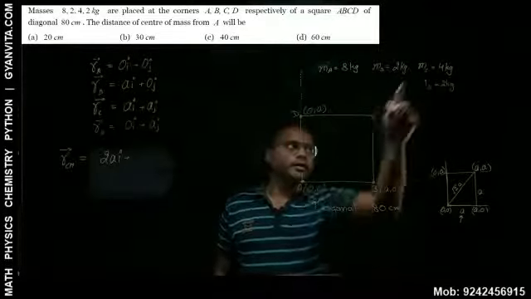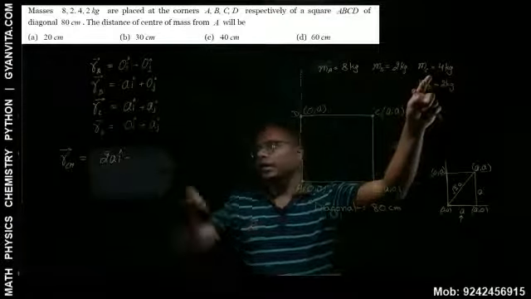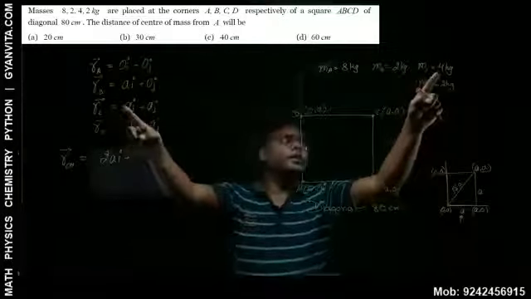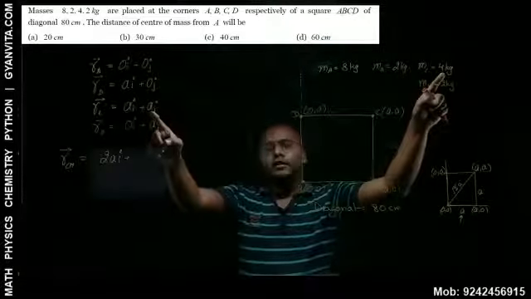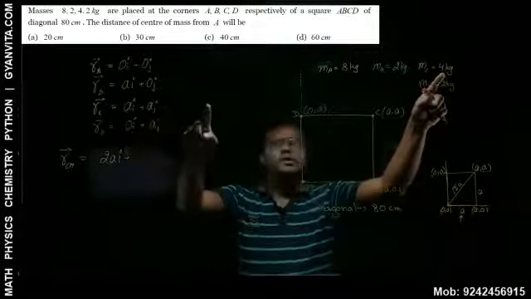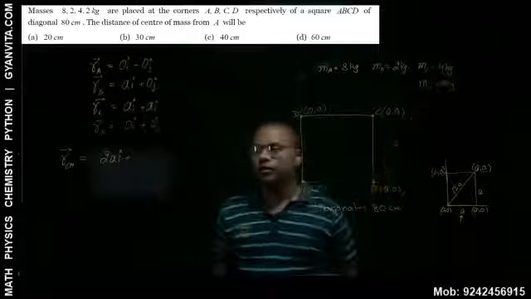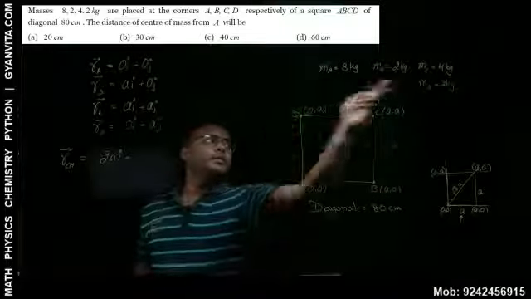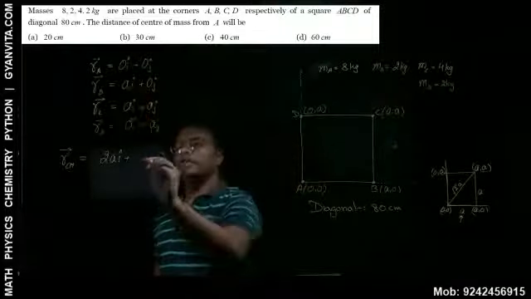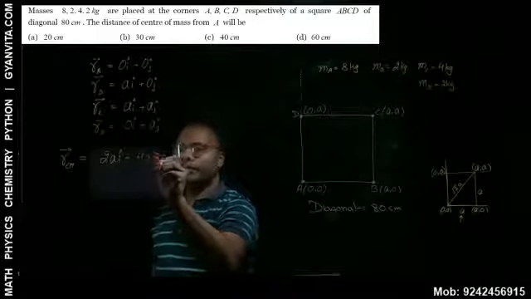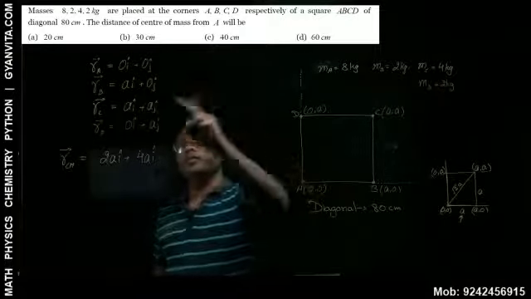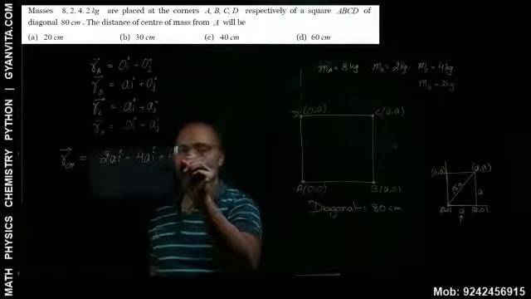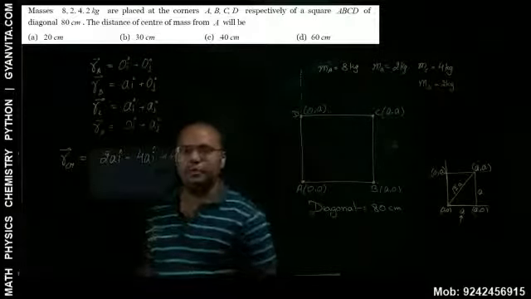Clear? Next you have mass of C, and here position of C. You multiplied 4 into A plus 4 into A, 4 into A I cap plus 4 into A J cap. So total it will be 4 into A, that is 4A I cap plus 4A J cap.